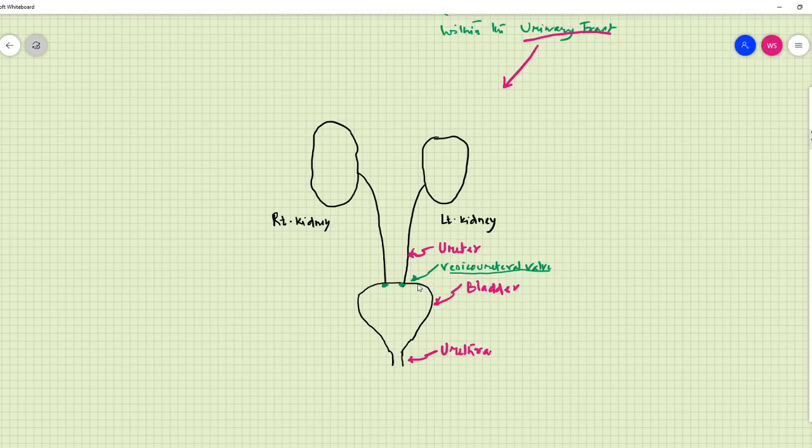So let's take this as the cutoff point. Okay, so let's draw the line like that. Anything below this is the lower urinary tract. Anything above the line is the upper urinary tract.